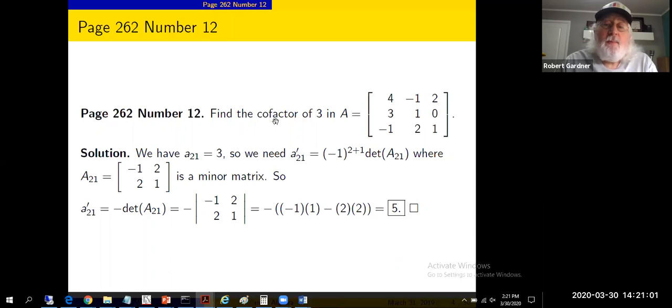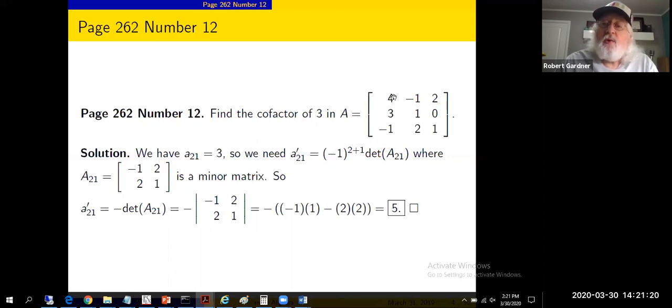That would be a power of -1 times the determinant of the associated minor matrix. To get used to the vocabulary, the minor matrix is determined by eliminating the row and column that contain this entry.